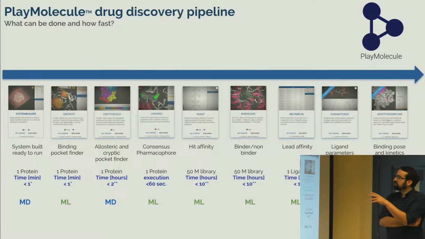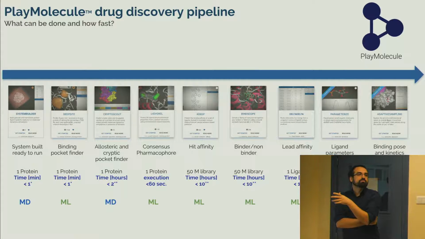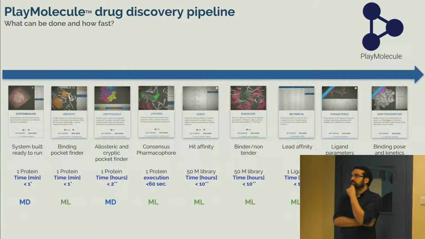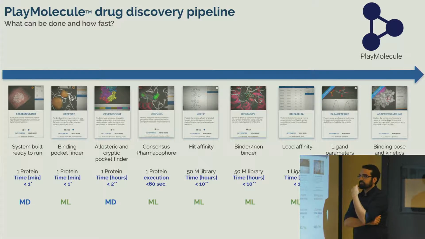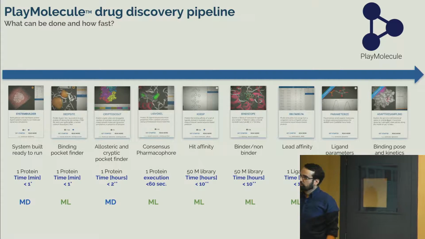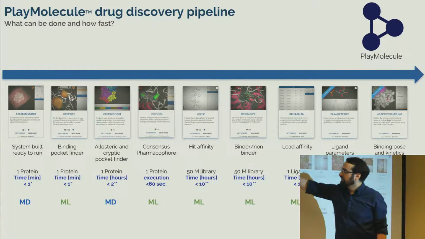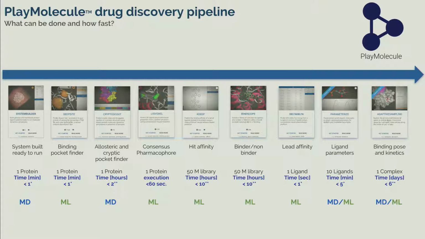There are some tools here that we're not going to talk about because they are either not available or not available publicly. We'll talk about it later. But just to have an overview, there are many things, for example System Builder, DeepSight, CryptoScout, LeapBox.